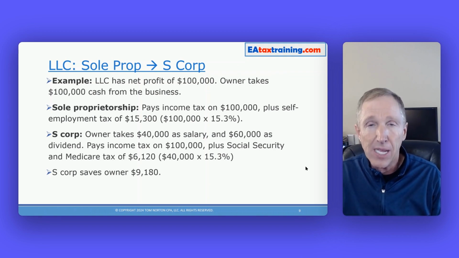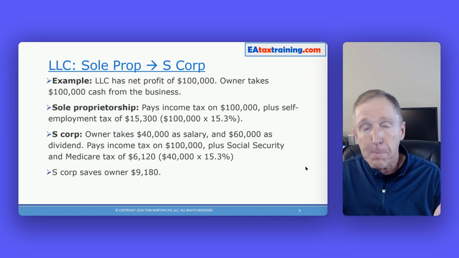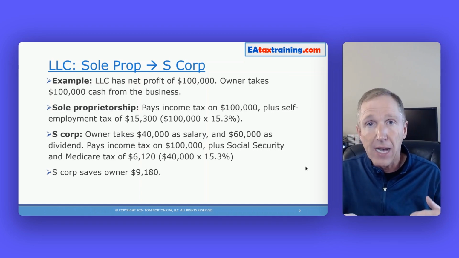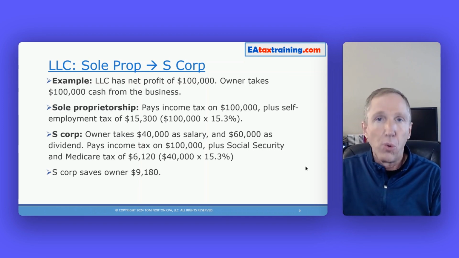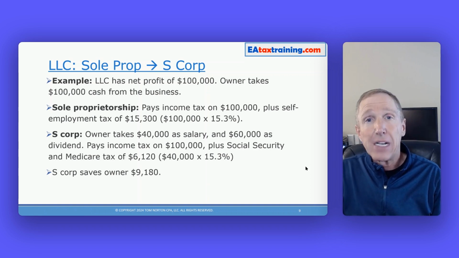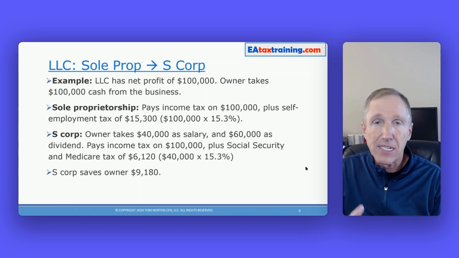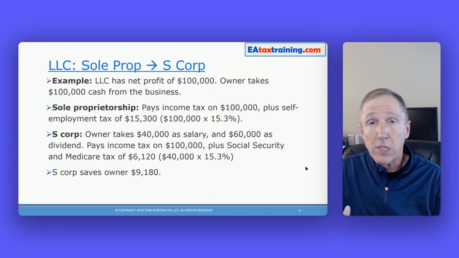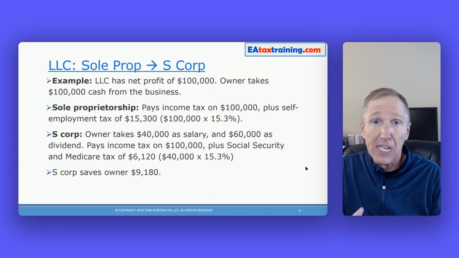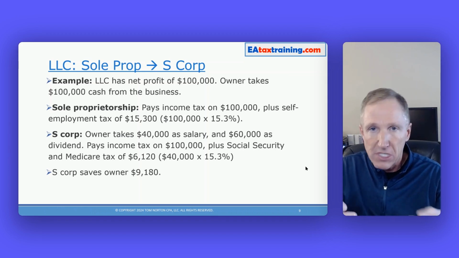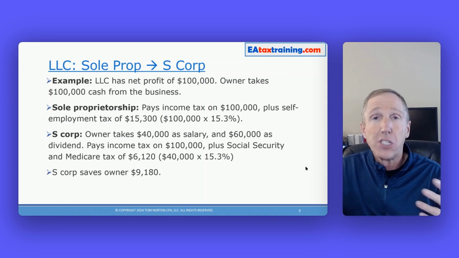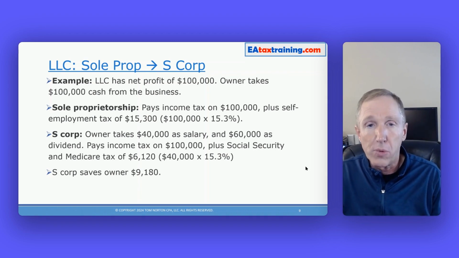What happens is the owner, as an employee, gets the $40,000 salary and has 7.65% withheld from the paycheck. But then the company has to match that 7.65%. And of course, in this example, the owner, in effect, is the company. So the owner is paying both halves of 7.65% for a total of 15.3%.